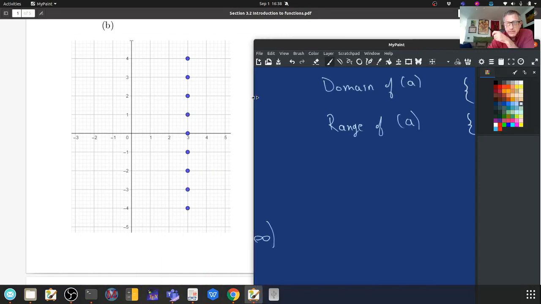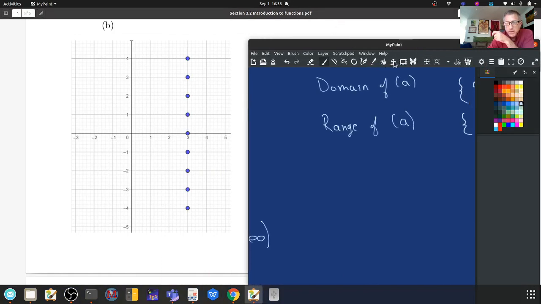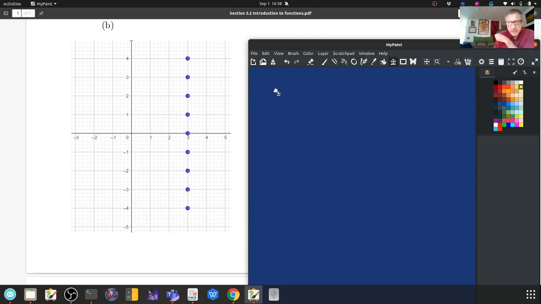And in this case, we want to find the range of B and the domain of B. So we know it's going to be a set. But let's find what B is equal to. B is a relation. It's a set of ordered pairs.